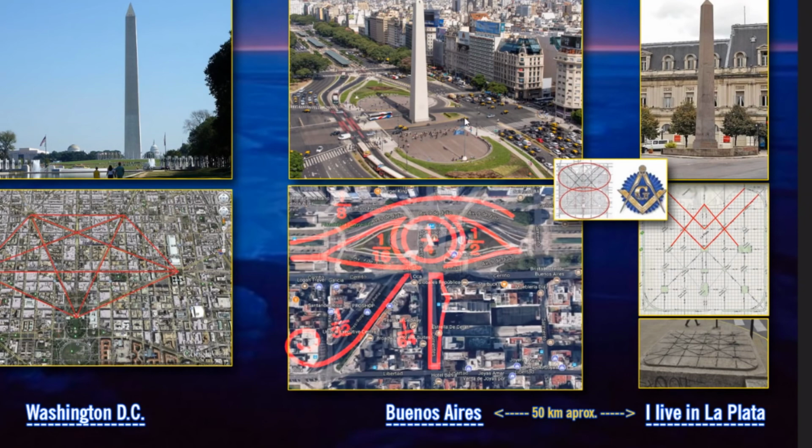So when you come from Buenos Aires, you start traveling along the street to get into my city, you start entering through this part. And this street here is called Antarctic. So symbolically, you come out from the Antarctic and enter into the Masonic, or my city in this case.